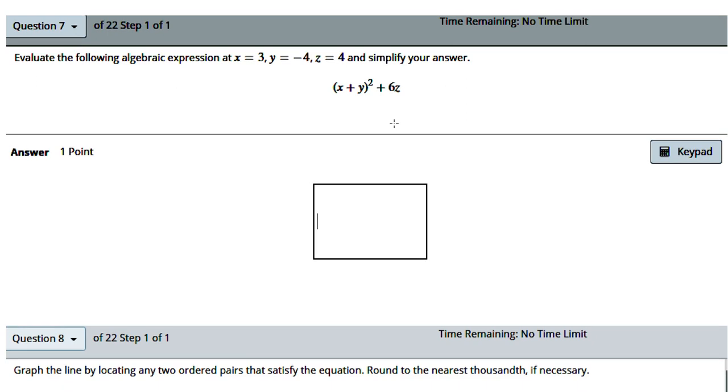Let's see, we're doing number 7 now, where we're asked to substitute these values into this expression and then simplify your answer. So what I've done is I've taken the x here.